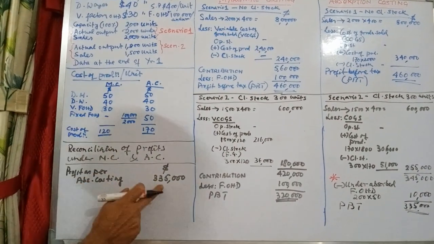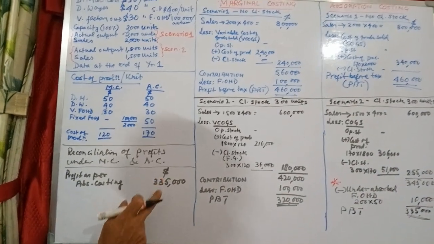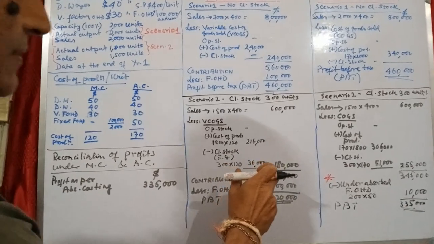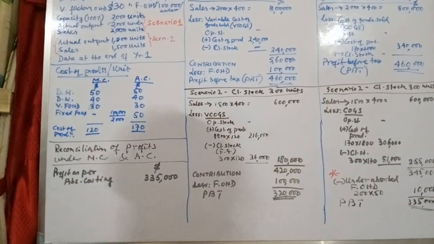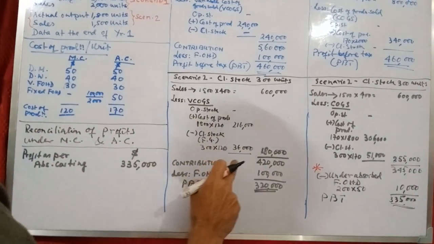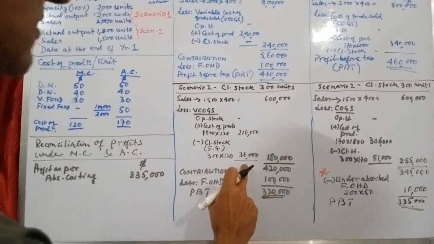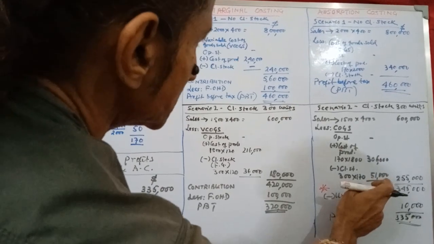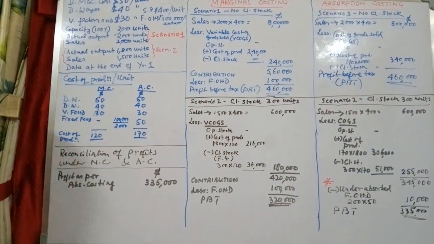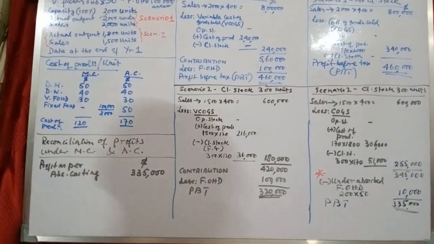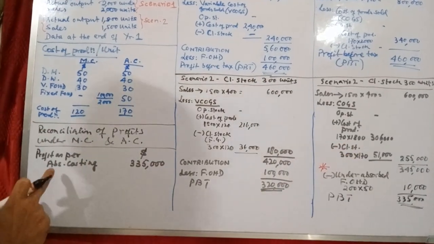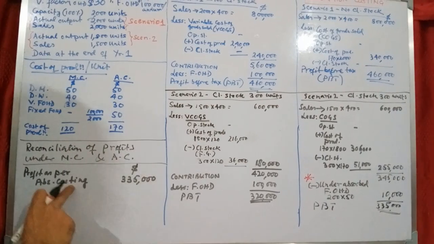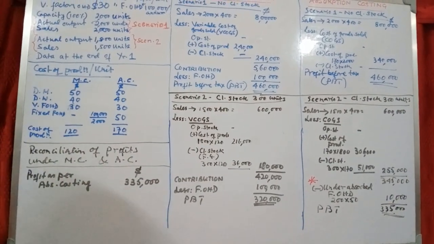Now from here we shall deduct the difference in the values of closing stocks. Here closing stock is 36,000 and here closing stock is 51,000. So we shall simply deduct this difference from profit as per absorption costing and we will reach profit as per marginal costing.